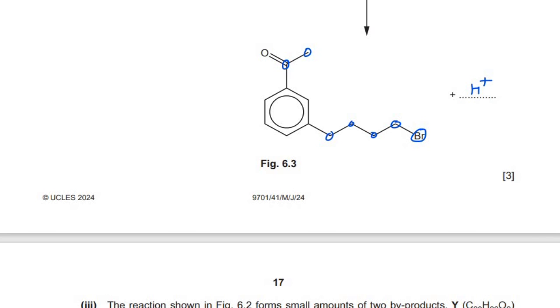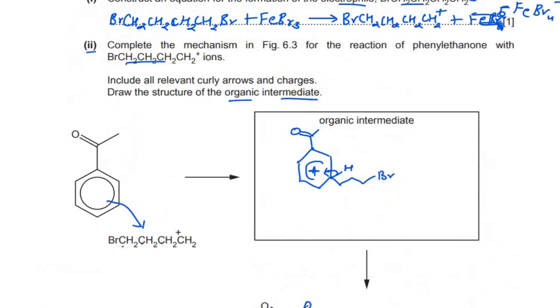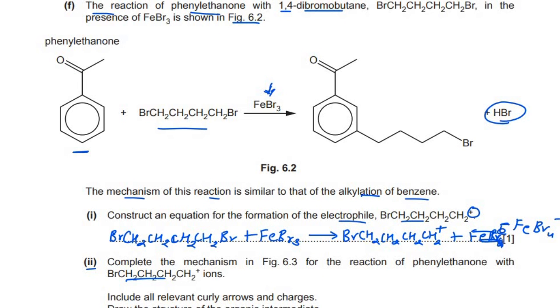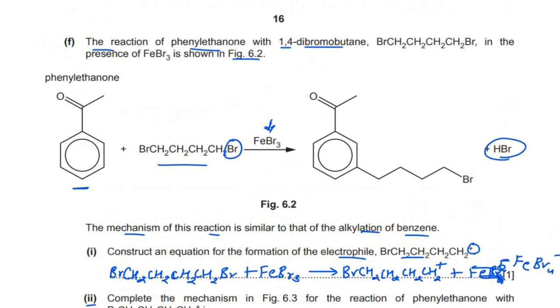There are 2 bromo groups present on the butane. One bromine is removed and the group gets added to the benzene. The same thing can happen with the second bromine also.